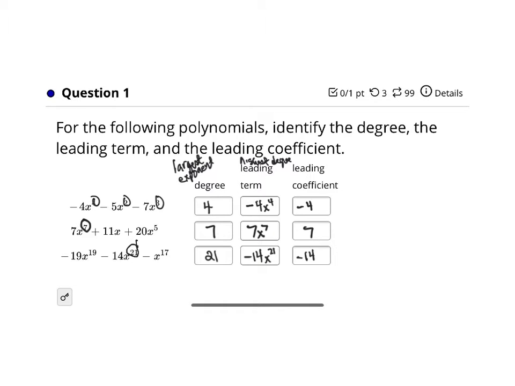Make sure you choose the one with an x and a raised box. Even if your variable is some other letter, like a y, still choose that x with the raised box, because that raised box is where you'll put that 4, 7, and 21.